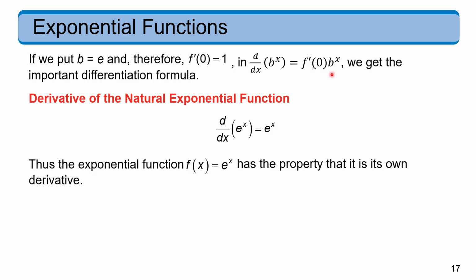So now applying that to the case where the base is e, we get the derivative of e to the x is 1 times itself. So this is a really easy rule to remember. We now know the derivative of the exponential function e to the x is equal to itself. And this is the only function that has this property, that the derivative of the function is the same as the original function.